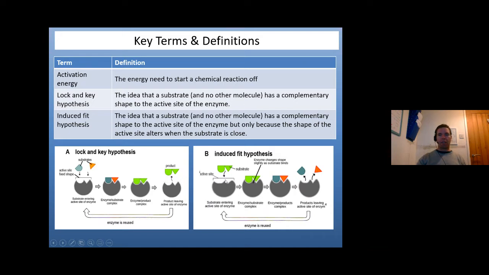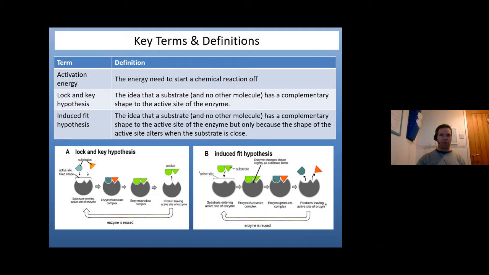But the other hypothesis is the induced fit. Look at the shape of the active site here of the enzyme. Can you see it's not quite the same as the substrate there? And therefore, what actually happens is when the substrate approaches the enzyme, the active site will mold, will change shape just ever so slightly.